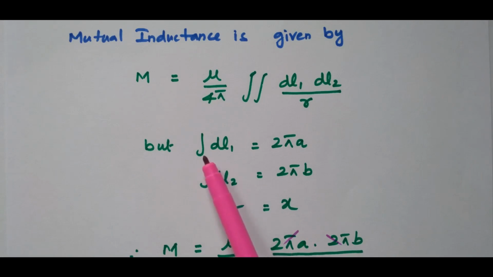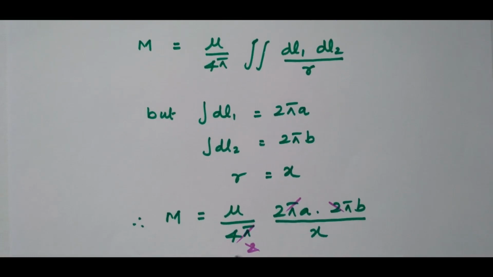Now we can replace integral dl1 with 2 pi a, integral dl2 with 2 pi b, and r with x in this expression. So M equals mu by 4 pi, integral dl1 is 2 pi a, integral dl2 is 2 pi b, and r is x, right? This dl1, dl2 and r are replaced here.